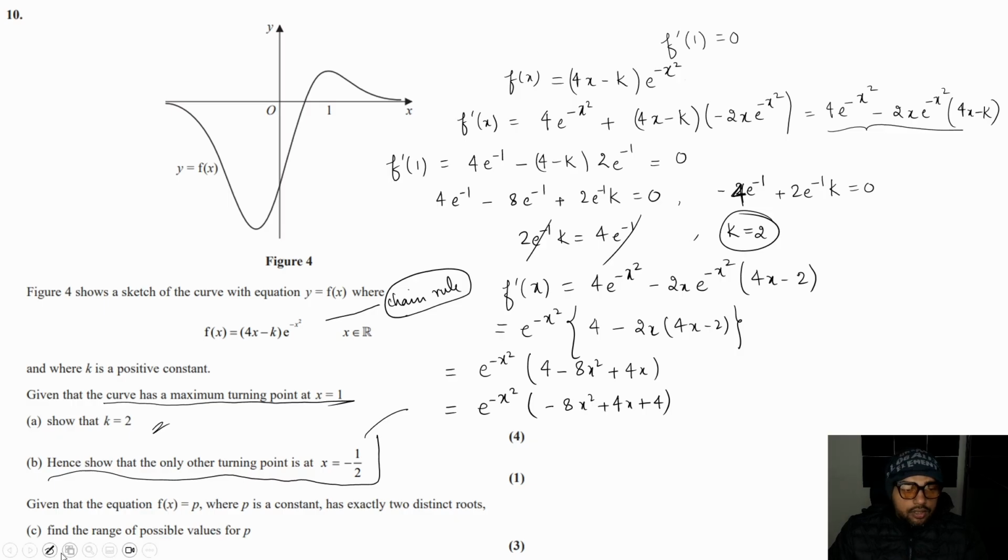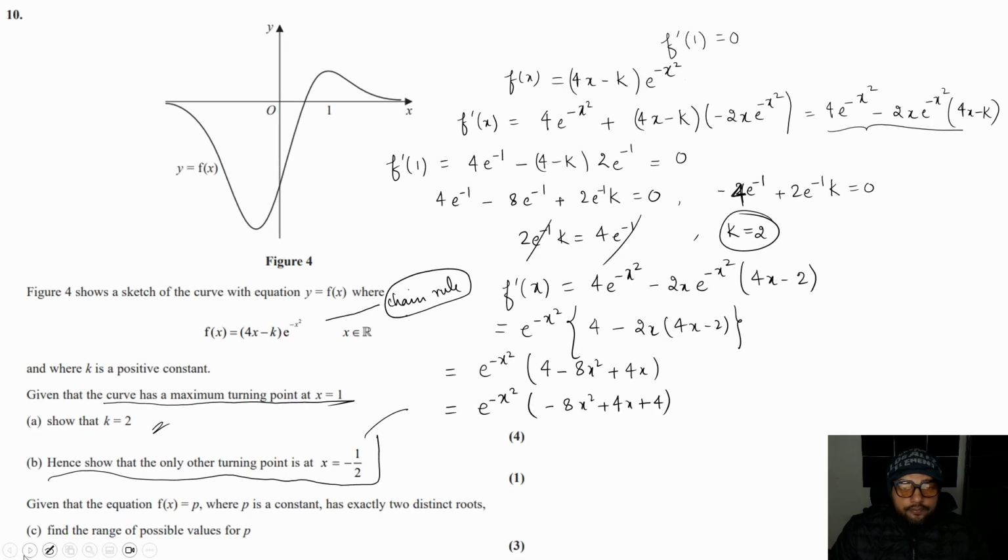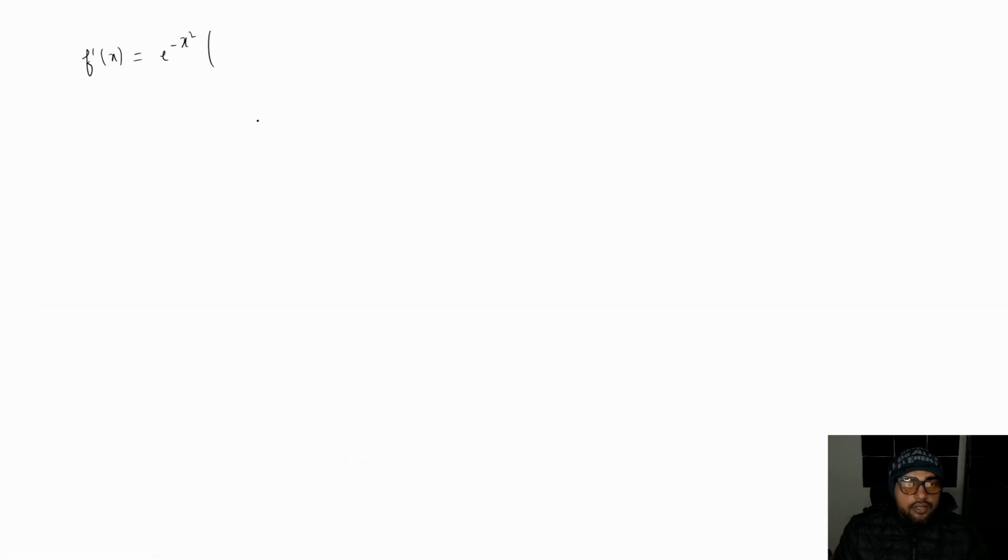Okay, let's move to the next slide, student. f prime x we are getting as e^(-x²) times negative 8x² plus 4x plus 4. This is what we are getting here.